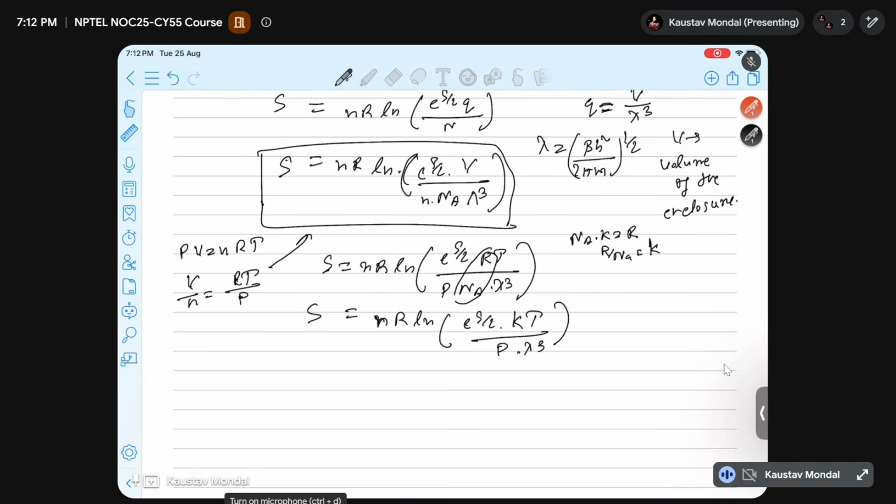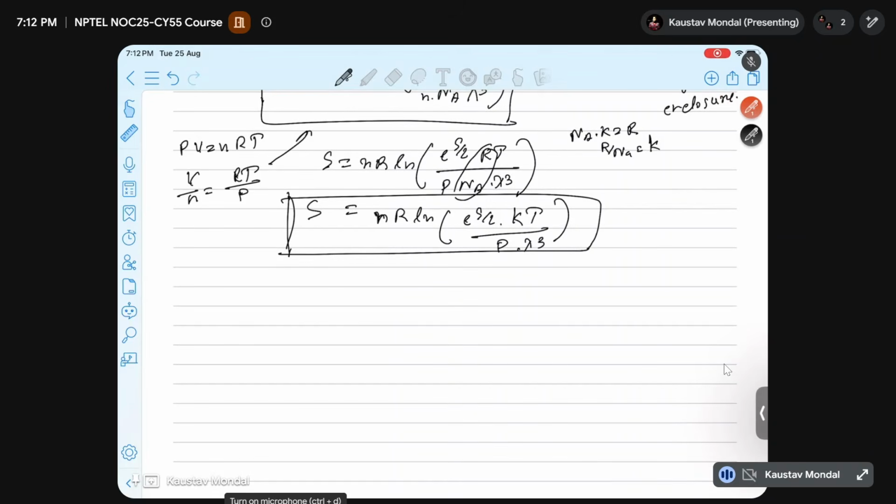This is the expression of the entropy we got. The first expression is in terms of volume; the second is in terms of pressure.